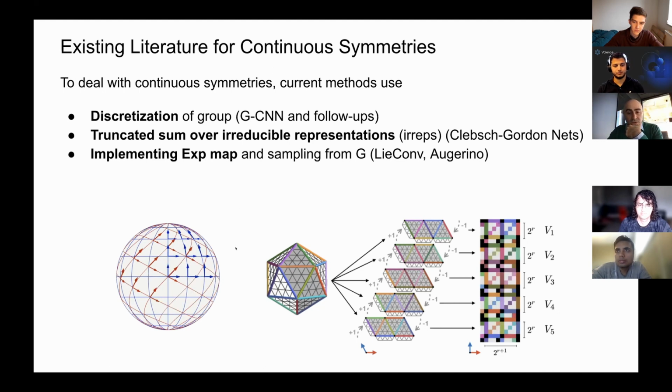So one issue with these methods, and I will focus mostly on the first one, is if you are dealing with a high dimensional symmetry group. For example, the simplest case, for 2D rotation, you have SO2, which is basically a circle described by just the angle of rotation.